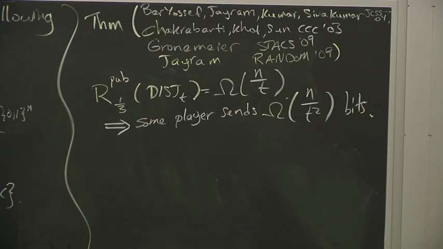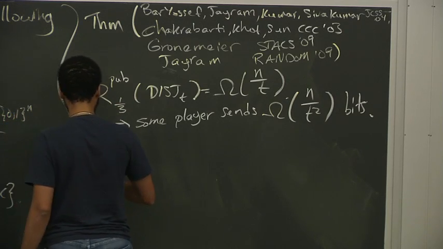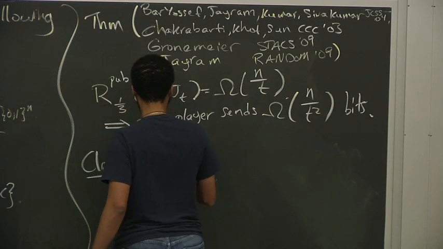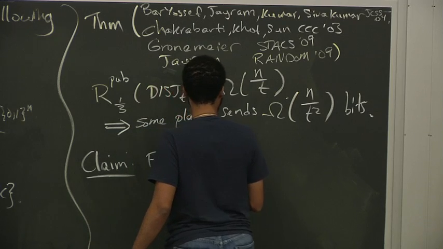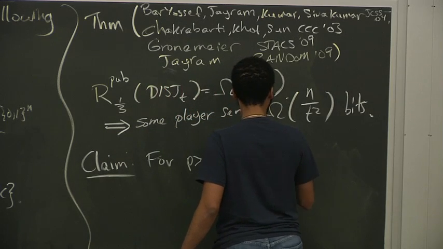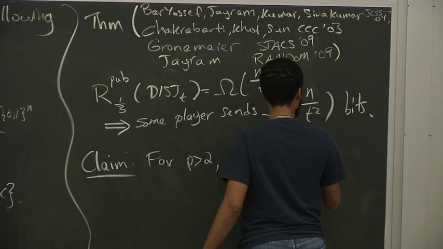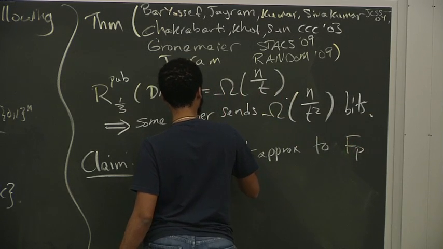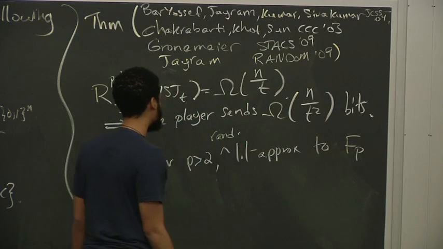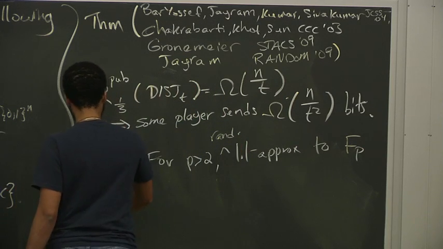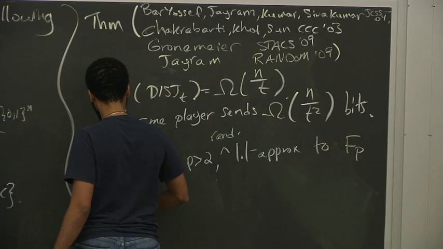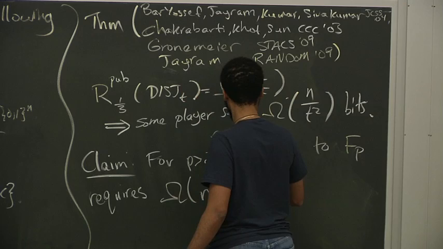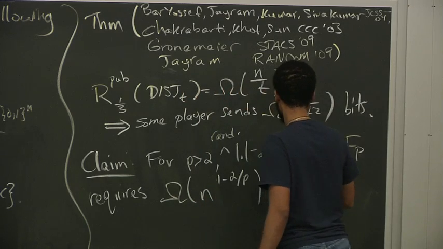And now, claim: for p greater than 2, a randomized 1.1 approximation to Fp requires omega n to the 1 minus 2 over p bits of space.